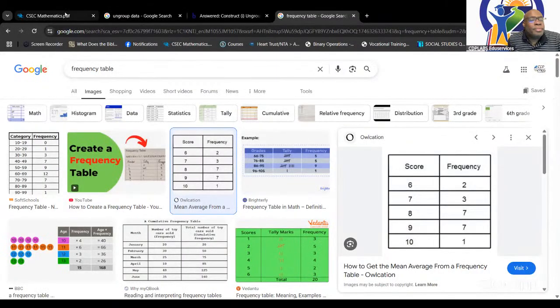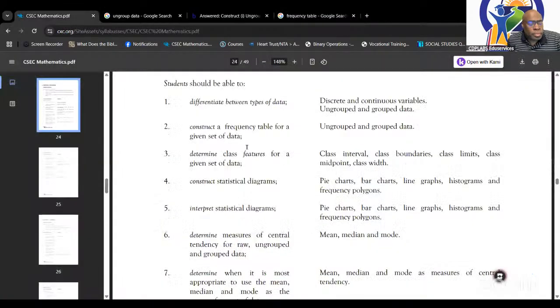Now, it continues to say, determine the class features for a given set of data.